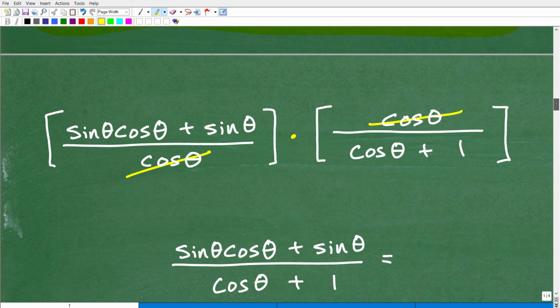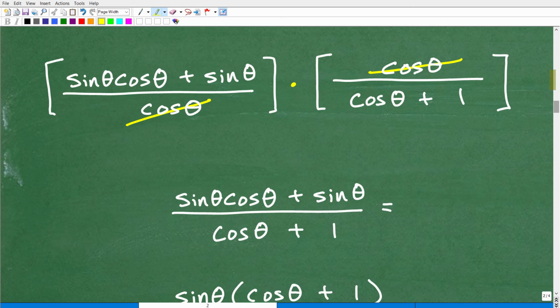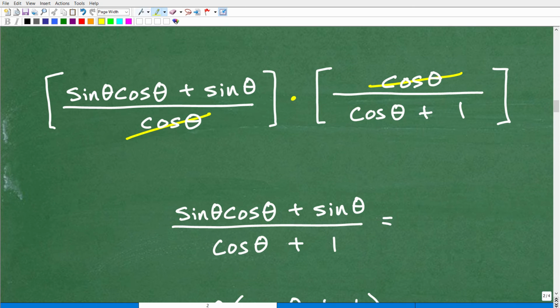So let's go down here. And how do we multiply fractions? Well, again, remember, we need to multiply the respective numerators and denominators. And when I do that, I'm going to end up with one big fraction bar here. I'm going to continue this on because we're just going to multiply, and I'm going to have factors going on here.